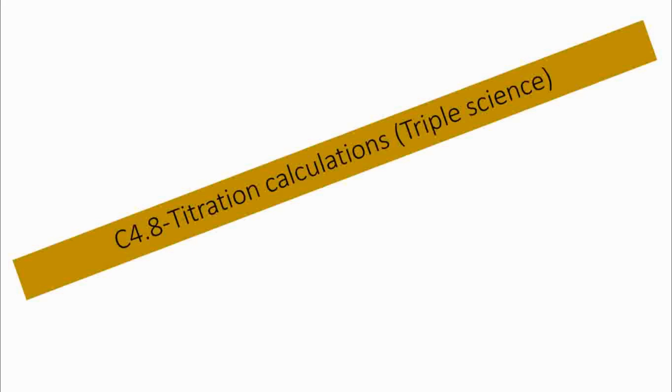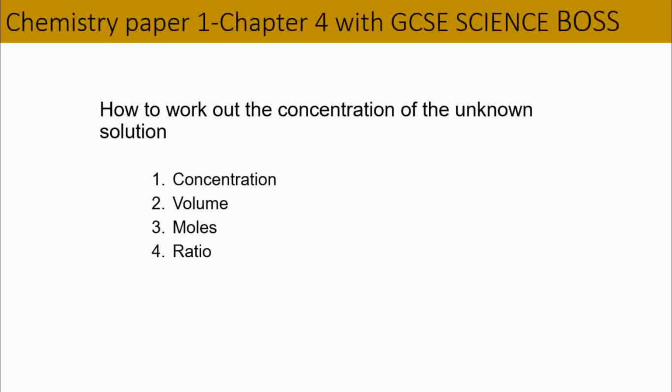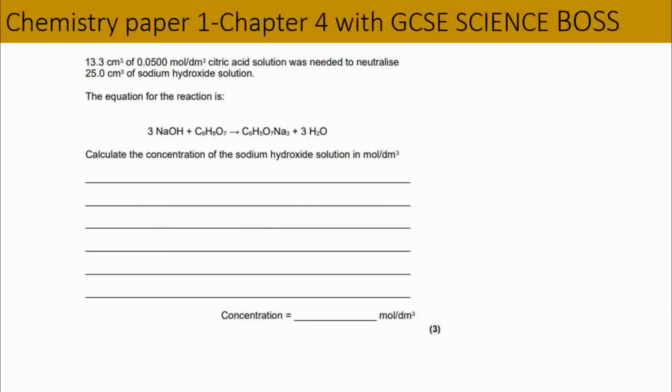Now we're going to look at the calculations that we do for titration. Normally, to work these out, we always use our calculation card, CVMR. I'm really big on my calculation card. So here's an exam style question.